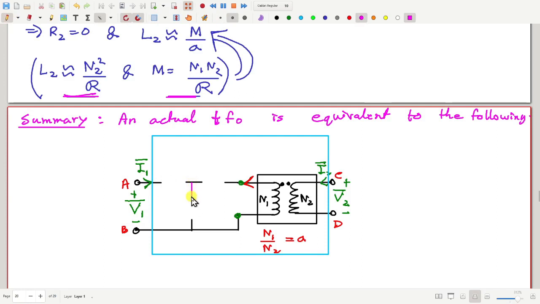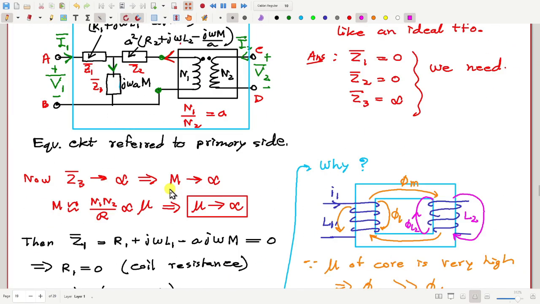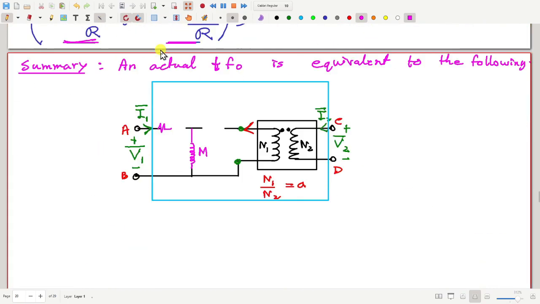Here we had j omega M, so that means basically a coil with inductance M, and here we had Z1 equal to R1 plus some j omega times something, so this is a resistance plus some inductance term.